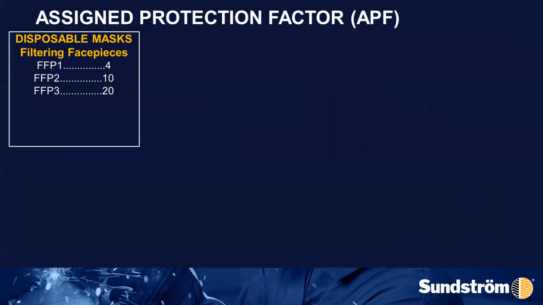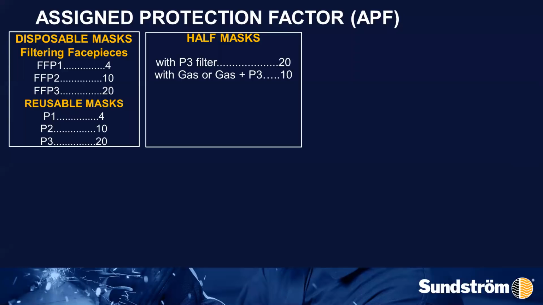There's a couple of things I just wanted to quickly clarify. Disposable masks or reusable masks. So disposable FFP, that stands for filtering face piece. So that's your disposable type of mask. They come in 3 levels, 1, 2, and 3. Any particle filter also comes in 3 levels at the moment anyway, 1, 2, and 3. And they will give you respectively protection levels of 4, 10, and 20.